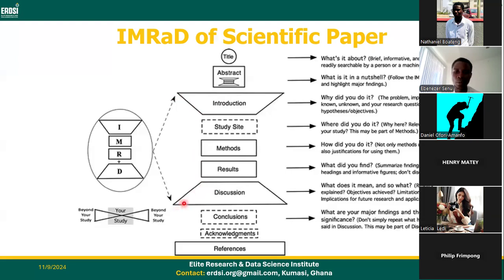One thing we're also going to do is this: during the introduction, if we are talking about prevalence, we start from global prevalence, to African prevalence, to, let's say, prevalence in Ghana. But in discussion, it's the opposite.